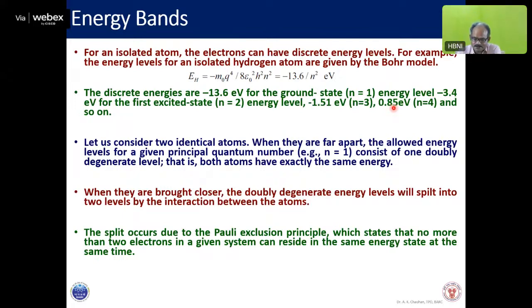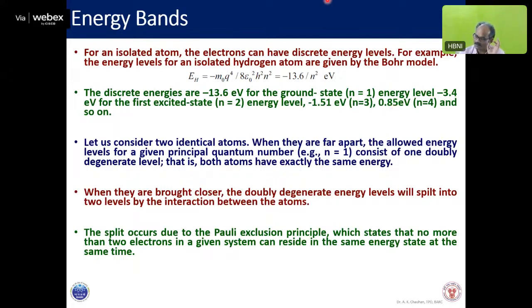And this is also restricted by the Pauli exclusion principle. So eventually that energy level, which was a sharp, distinct, discrete level at minus 13.6 or whatever level it is, will be split into two levels, which can be very close to each other, but there will be two distinctly different levels.